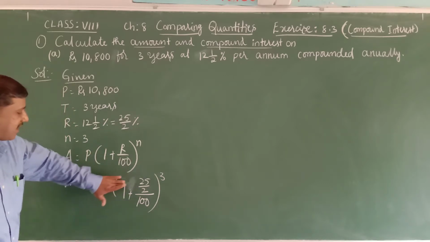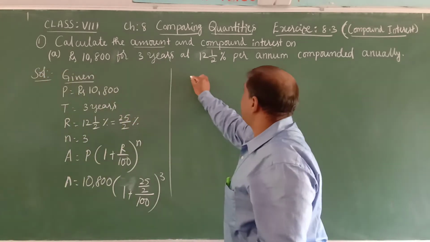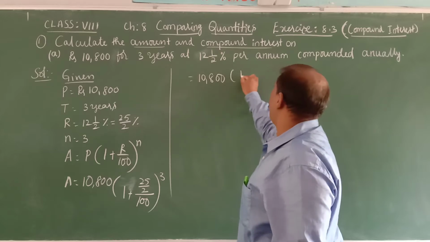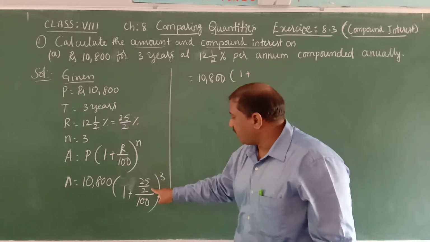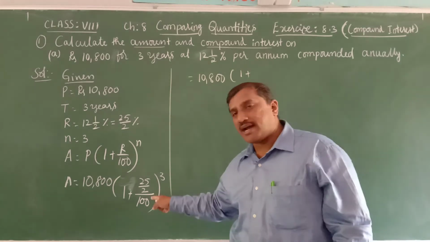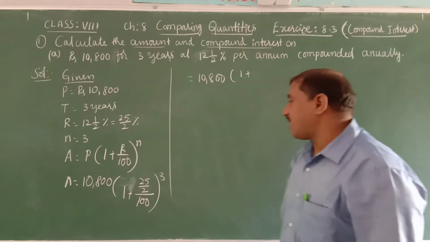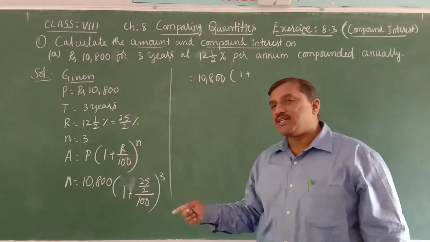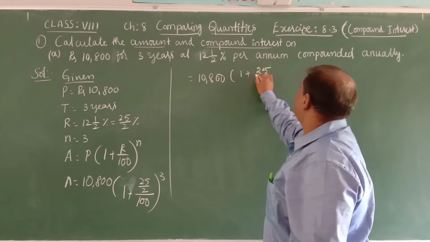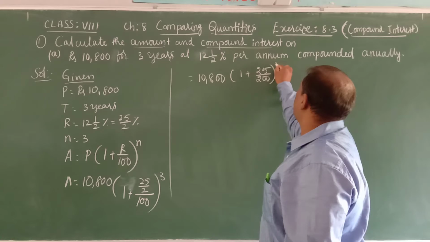A is equal to 10,800 into 1 plus 25/2 divided by 100, which should be multiplied by the reciprocal of 100, that is 25/2 into 1 by 100, which is 25 by 200, whole to the power of 3.